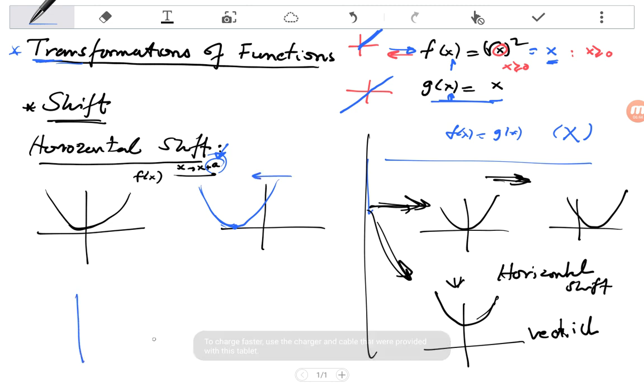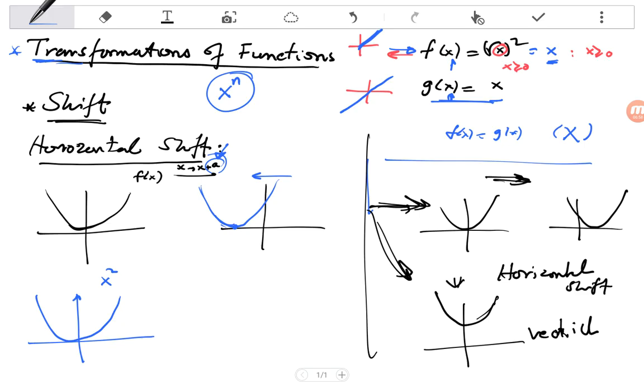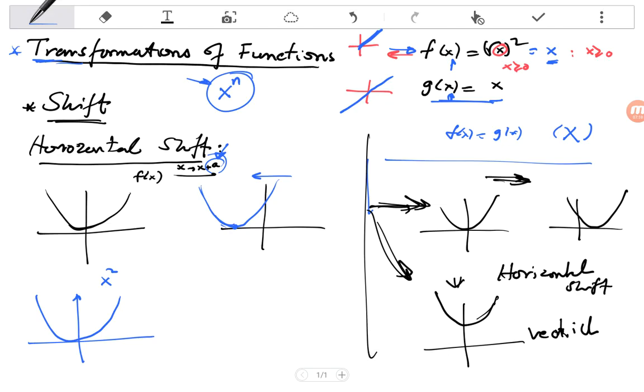So, for example, if I had this function, f of x equal to x squared, and we have learned these basic functions. We have learned what this function is called: x power n. We have given it a name. What is the name of this function? x power n. You remember it was called, no, not a polynomial.